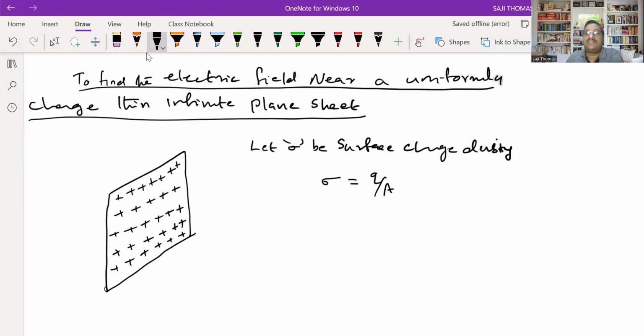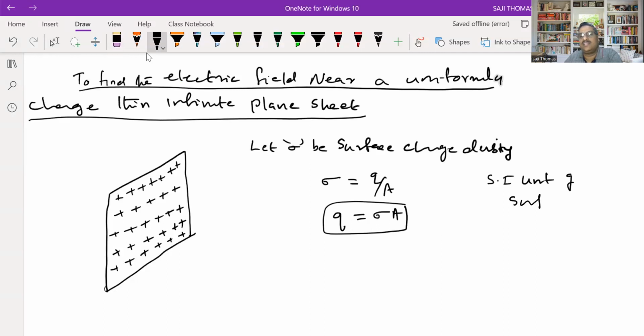It is the charge per unit area. From this equation, you can find the charge on the surface, sigma A. So what is the unit of surface charge density? It will be charge per area, coulomb per meter square. The SI unit of surface charge density is coulomb per meter square.